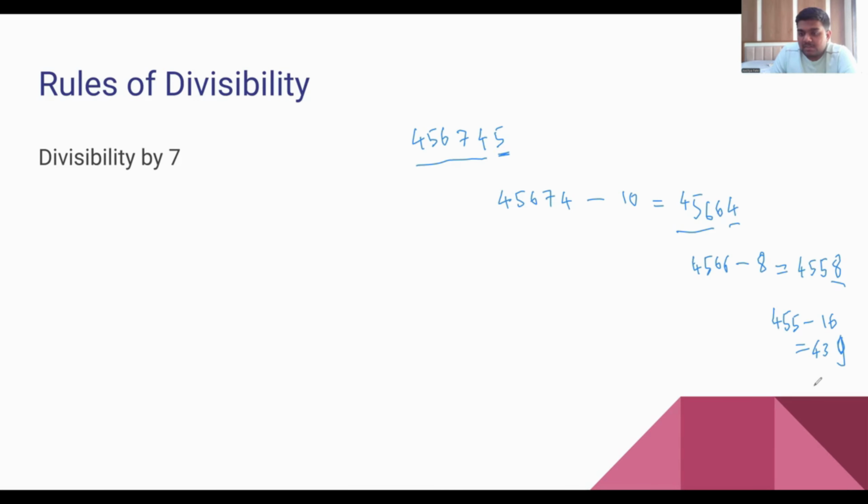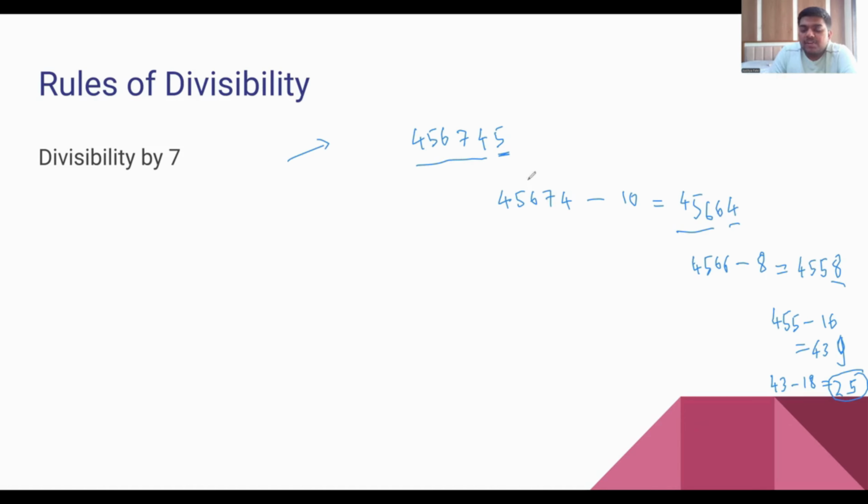And for this number, we will do 43 minus 18, which is 25. This number is 25. Now we have to check whether this number is divisible by 7 or not.